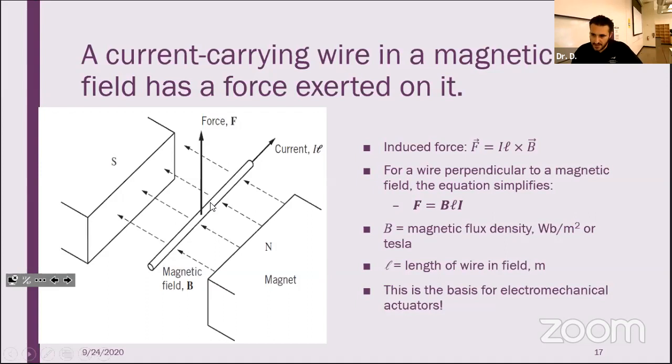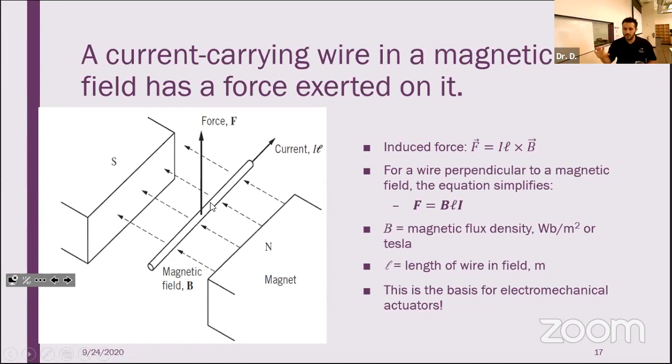So we've got B times L times I, right? Magnetic flux density times L times I. So the amount of force exerted on this wire is dependent on how strong our magnetic field is, how long our wire is, and how much current we send through. I think this makes sense.